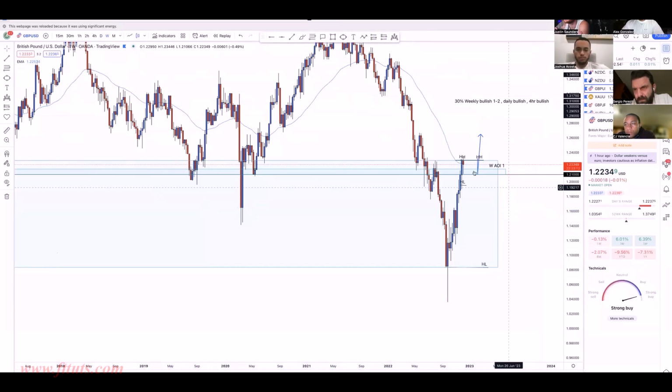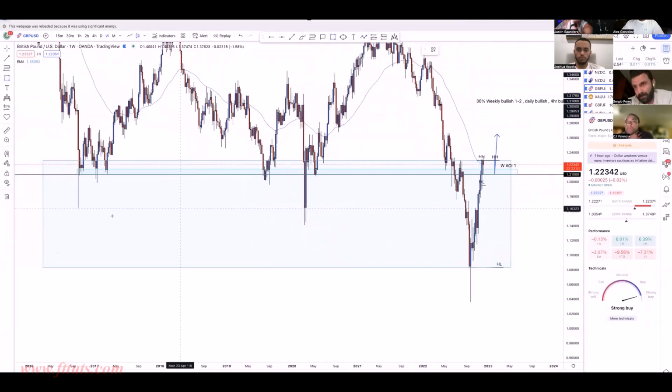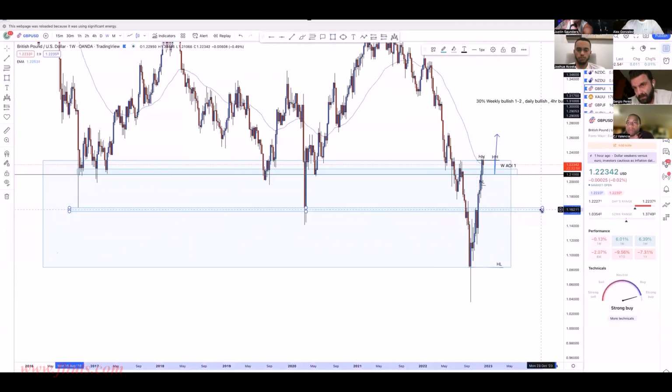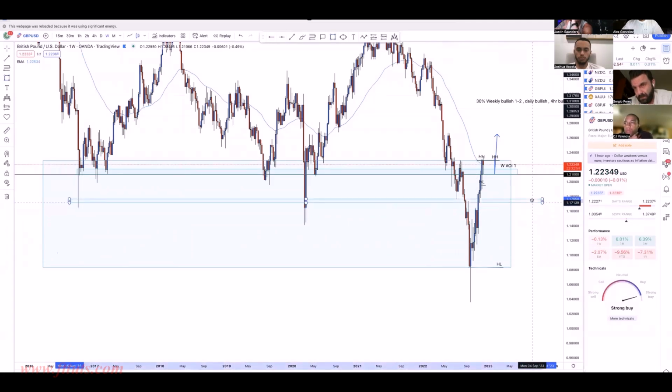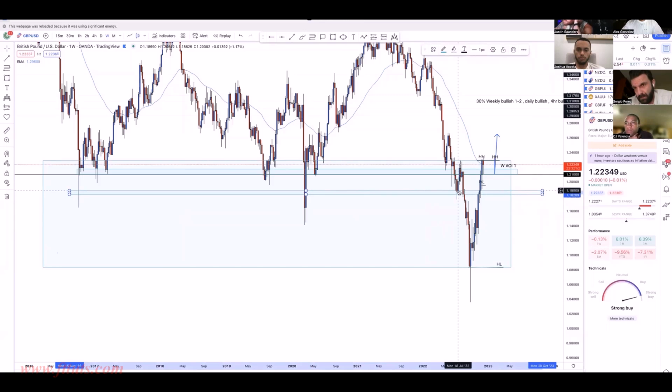So this would be kind of my only weekly area of interest where I'm looking for this trade to go to the upside. Can this weekly have a longer retracement to go to the upside? For sure. And that would probably be that exact same zone because it's kind of the only zone that has some taps other than this right here that we only have 1 tap.